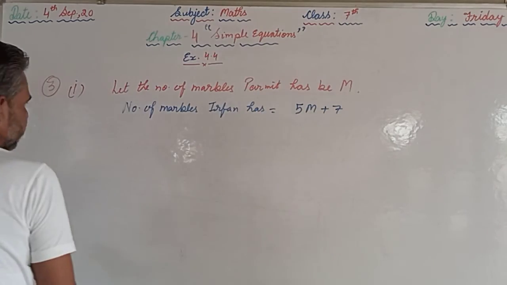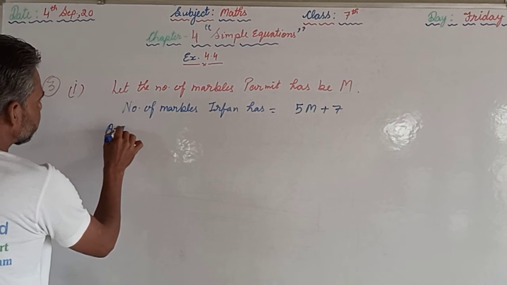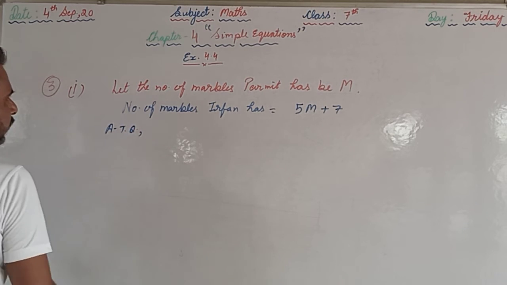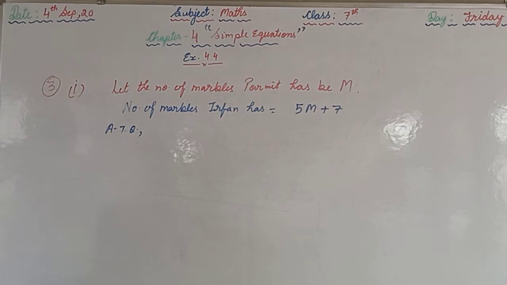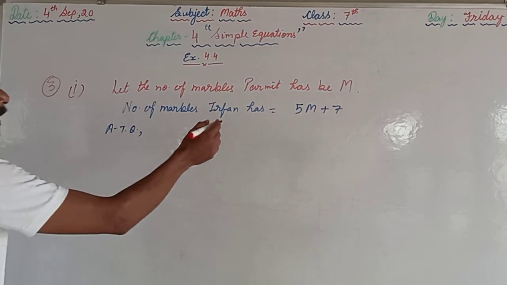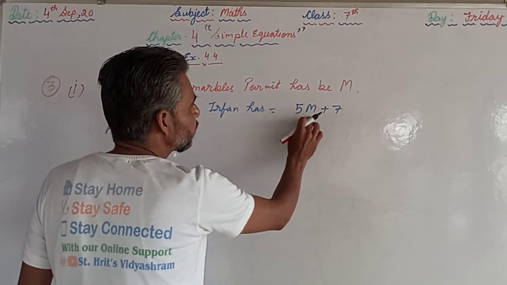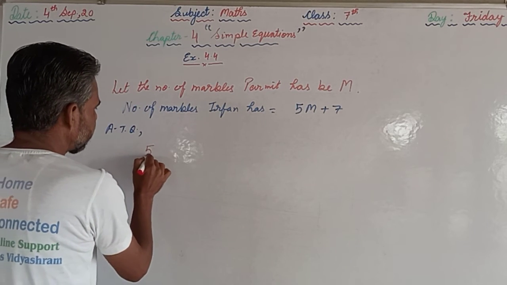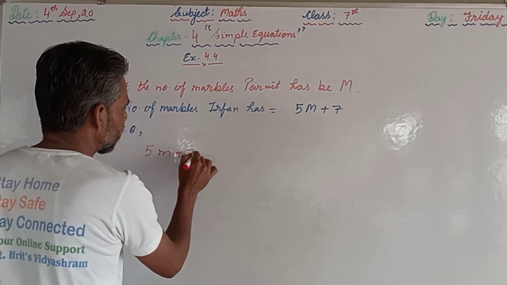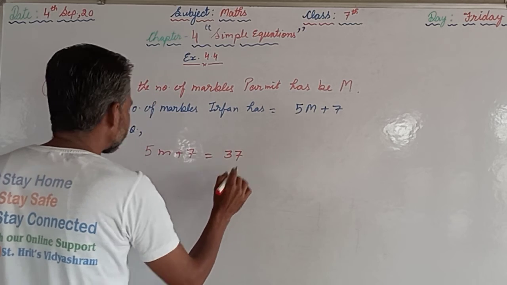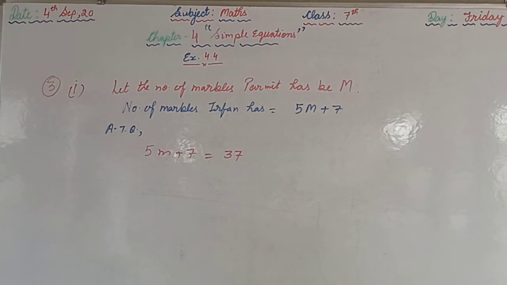According to the question, one more condition is given, that Irfan has 37 marbles. So we have calculated that Irfan has 5m plus 7 marbles, and the number of marbles Irfan has is given as 37.